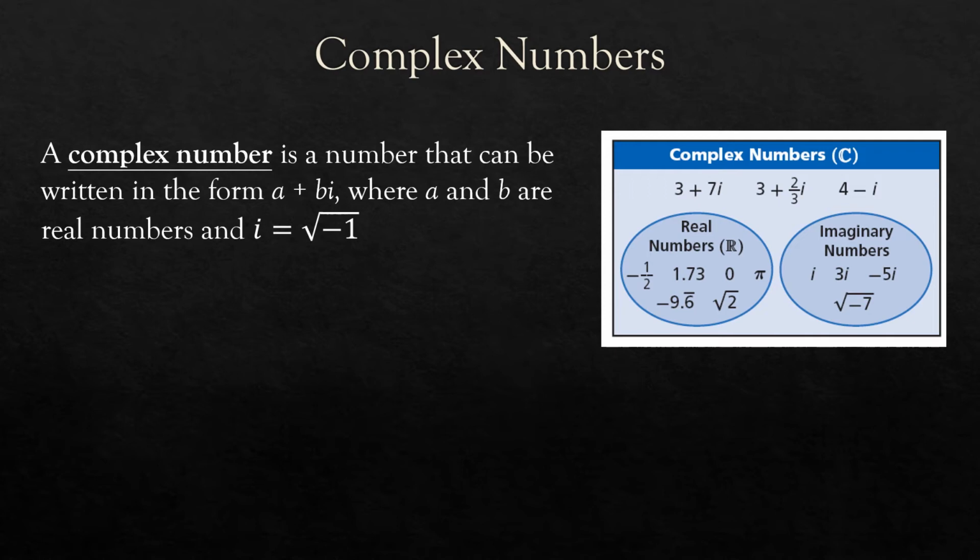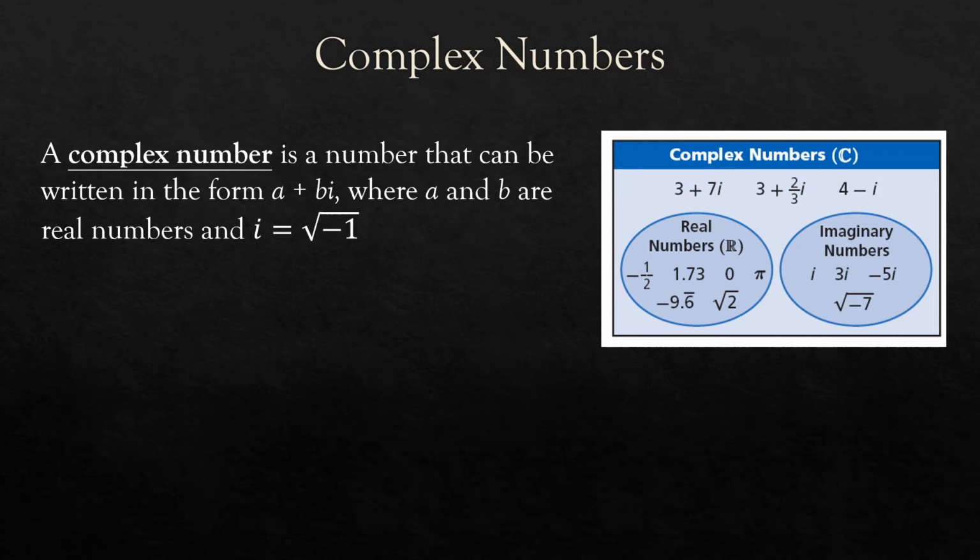Looking at this diagram on the right, we can see that we have our real numbers, consisting of numbers like 1/2, rational numbers, irrational numbers, decimals, and so on. And we also have our imaginary numbers: i, 3i, negative 5i, the square root of negative 7.